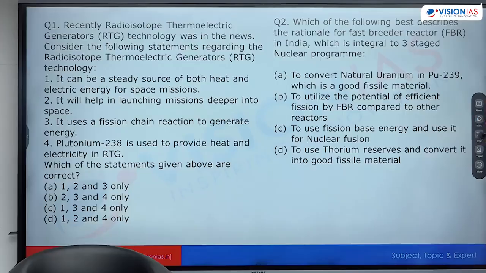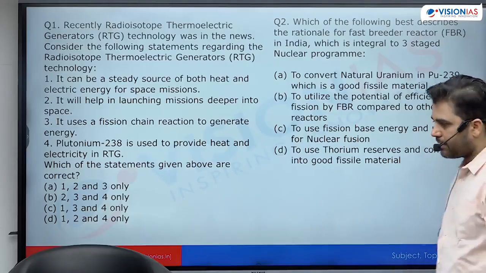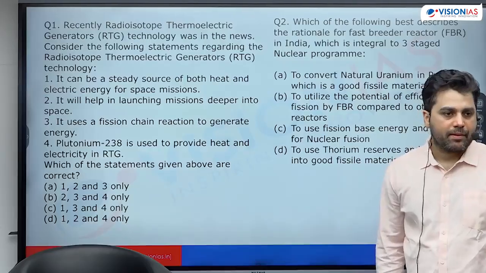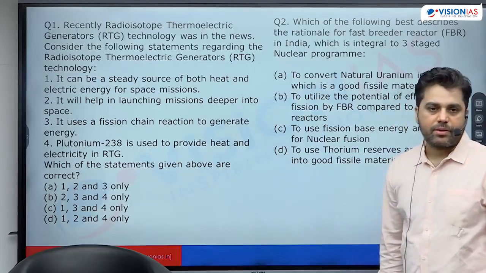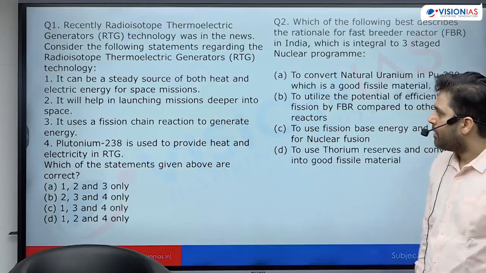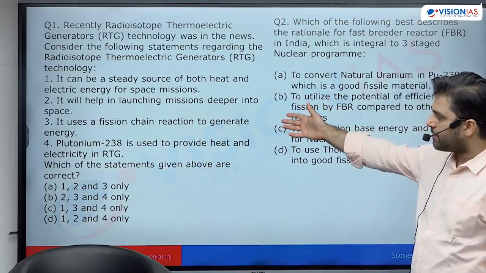Look at this question. What will be the answer? This is still easy here, the way the options are arranged. I know that out of 4, 1 is not correct, right? So the answer is D here. The third is not correct. It uses a fission chain reaction to generate energy. Not at all. It uses alpha decay to generate energy. But first is true: source of both heat and electric energy for space missions.